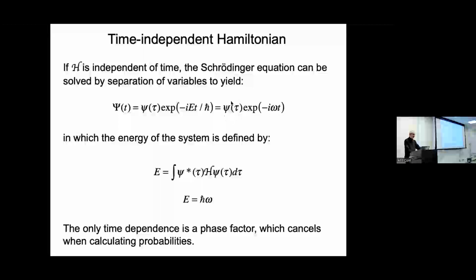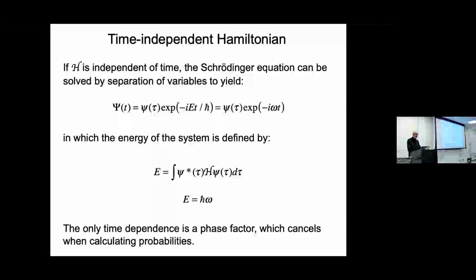So we have a time-independent wave function multiplied by a complex factor. And of course, if we calculate probabilities, we multiply the wave function by its complex conjugate. So this phase factor is going to disappear when calculating probabilities, which again is a good thing because the probabilities have to be real numbers.